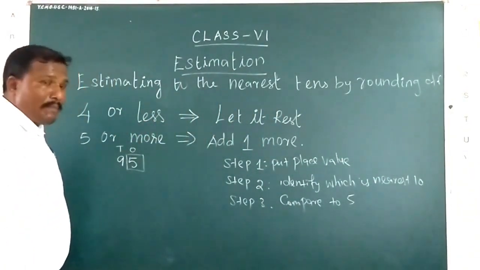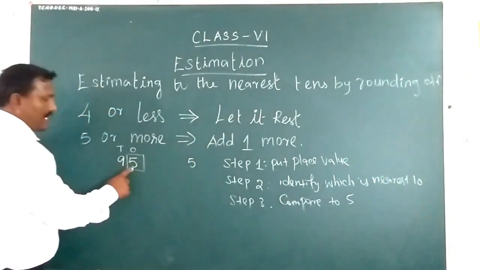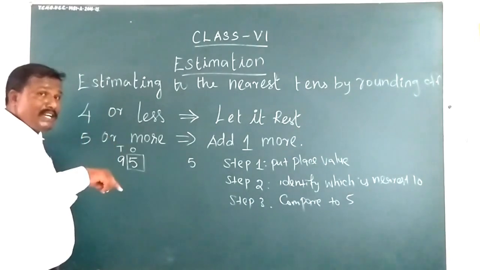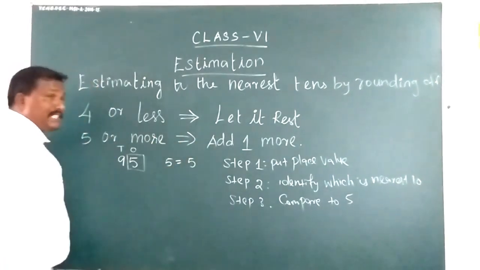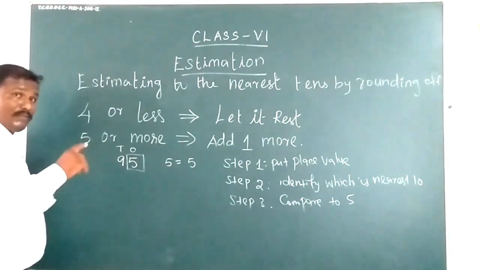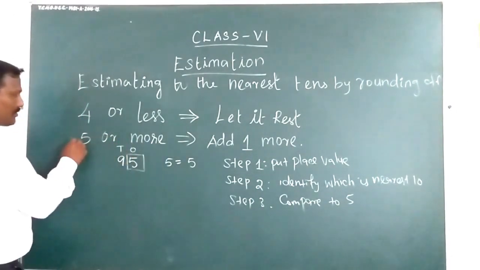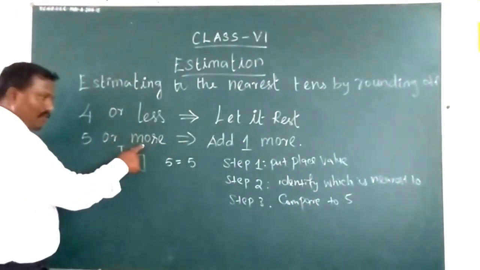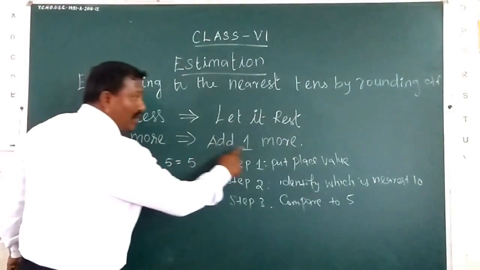Is it more than 5, less than 5, or equal to 5? It is equal to 5. If it is equal to or more than 5, the second rule applies.